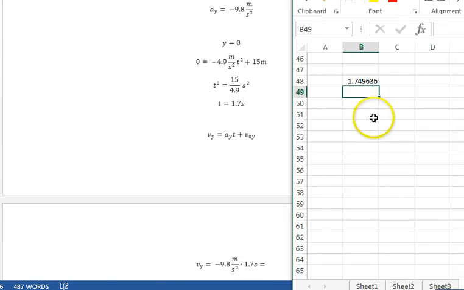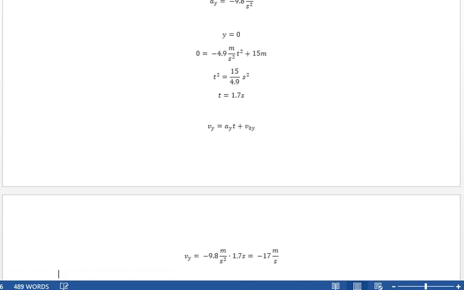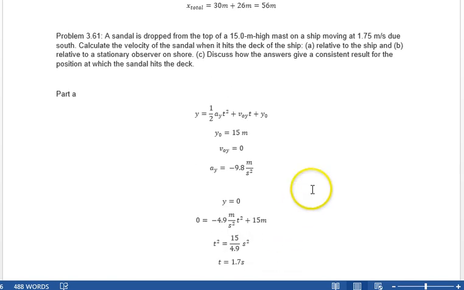So Vy is minus 9.8 times 1.7, which is minus 16.6, or minus 17 meters per second. Vy is minus 17 meters per second with respect to the ship.